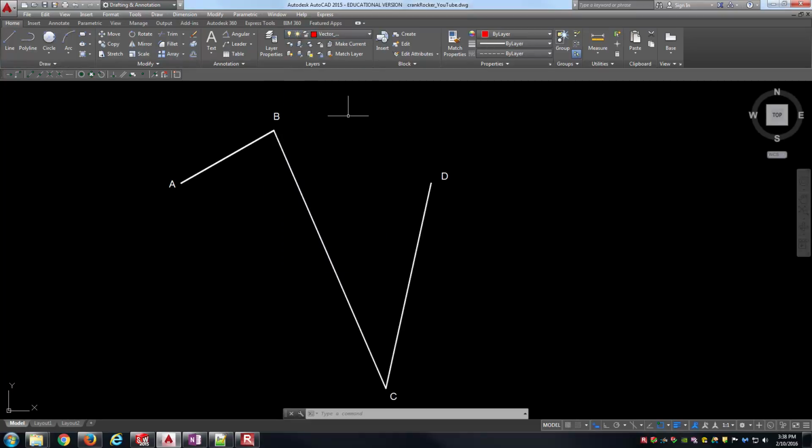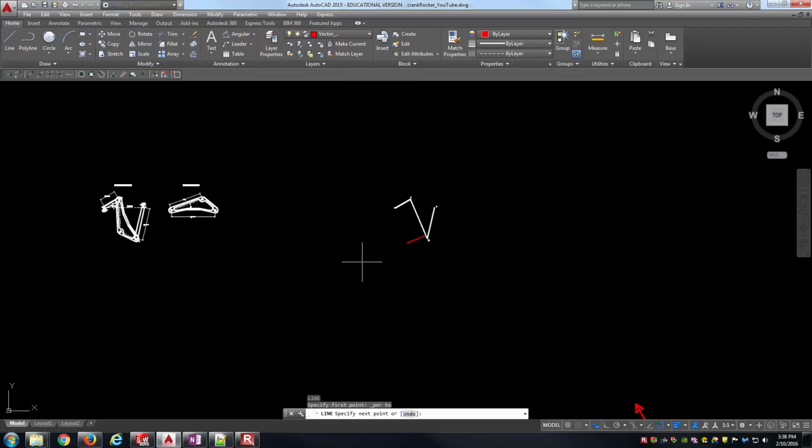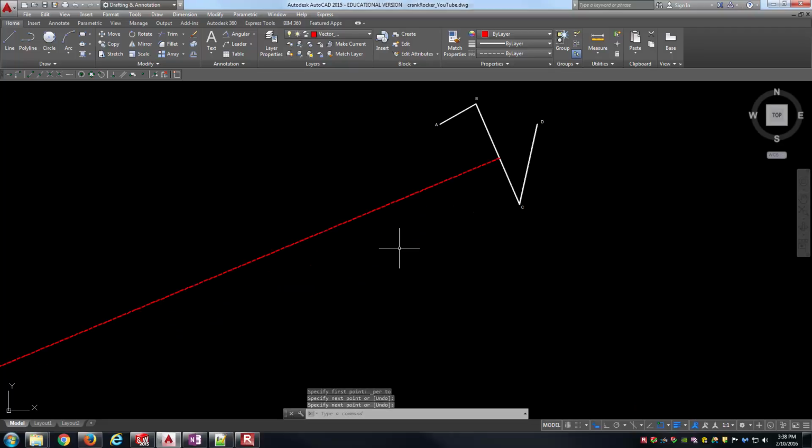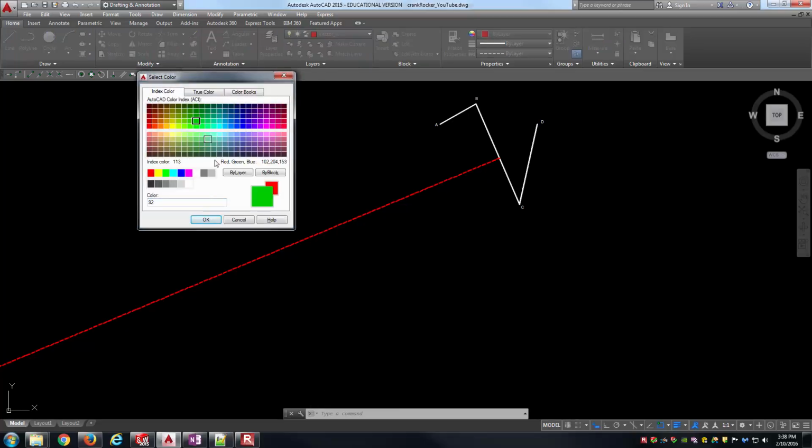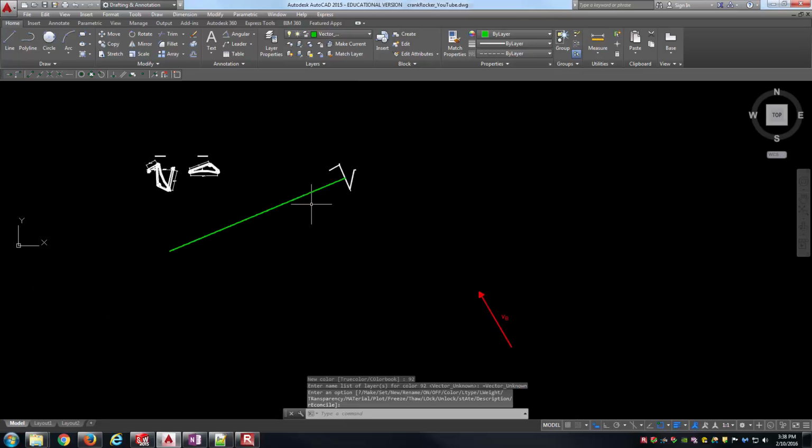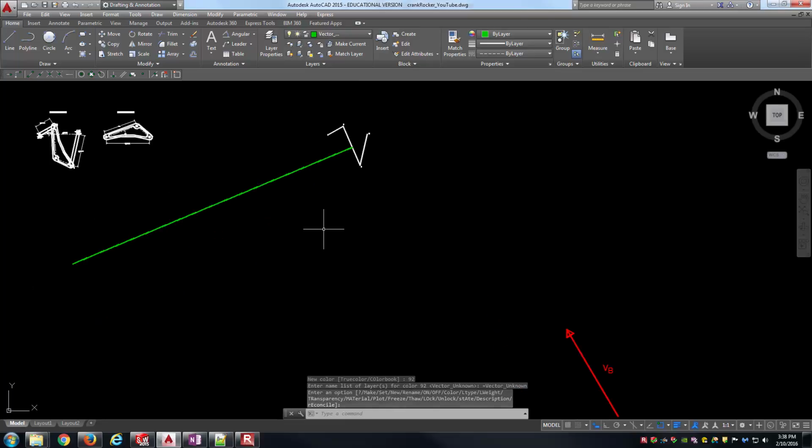I'll put it on the vector unknown layer, and here I assumed it was going to go in the downward and left direction, and so I'll just use my snap to perpendicular here, let it pick up that line, and then just extend a line out here. Again, I don't know the length of it yet, so I'll just make it fairly long and come to this point here. And here, just to not have to worry about linetype scale, we'll go ahead and make this green. And so all the green vectors will be unknown.